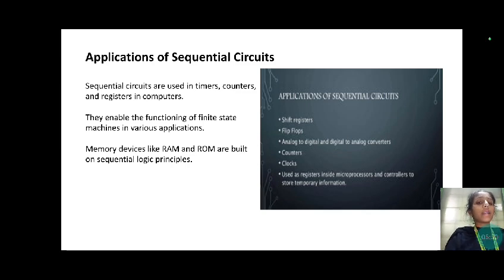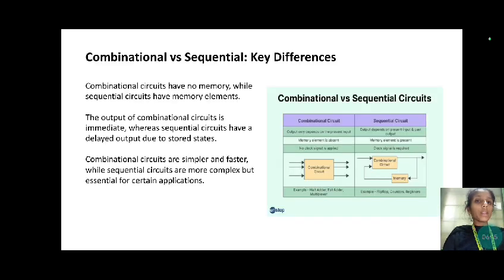RAM is random access memory, and ROM is read only memory. Other applications are shift registers and flip-flops, analog to digital and digital to analog converters, counters, clocks, and use as registers inside microprocessors and controllers to store temporary information.